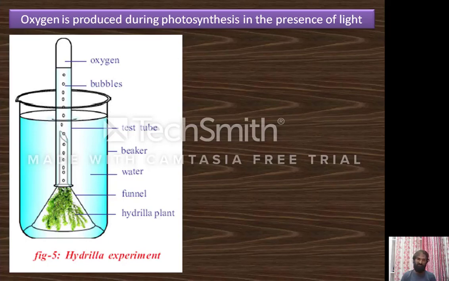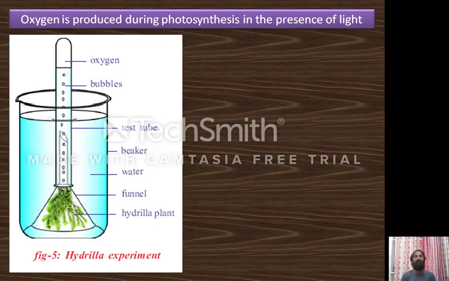Then you take a test tube and a funnel. You insert the funnel into the test tube. In the broad opening of the funnel, you insert the hydrilla or Elodea plant.